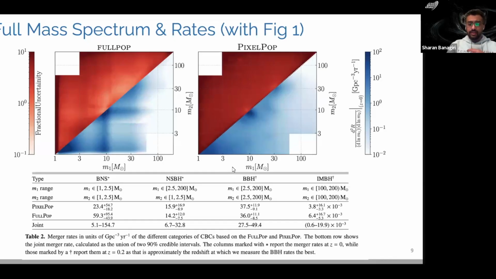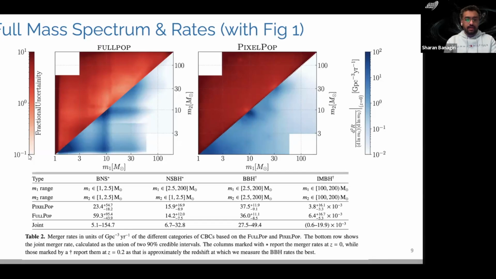And we recover some common features. So for example, we recover a global peak in the mass distribution at 10 solar masses. There is some overdensity at small masses. This corresponds to binary neutron star mergers, and some other features that we will go into in later slides.